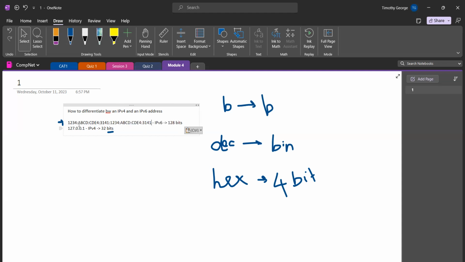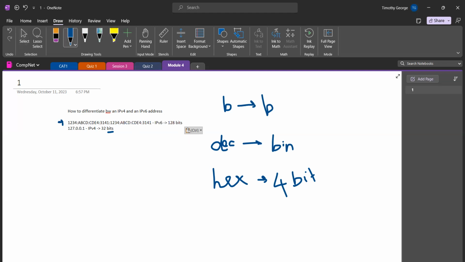This is a full IPv6 address where you have 4, 8, 12, 16, 20, 24, 28, 32. Yeah, 32 into 4 will give you 128 bits.